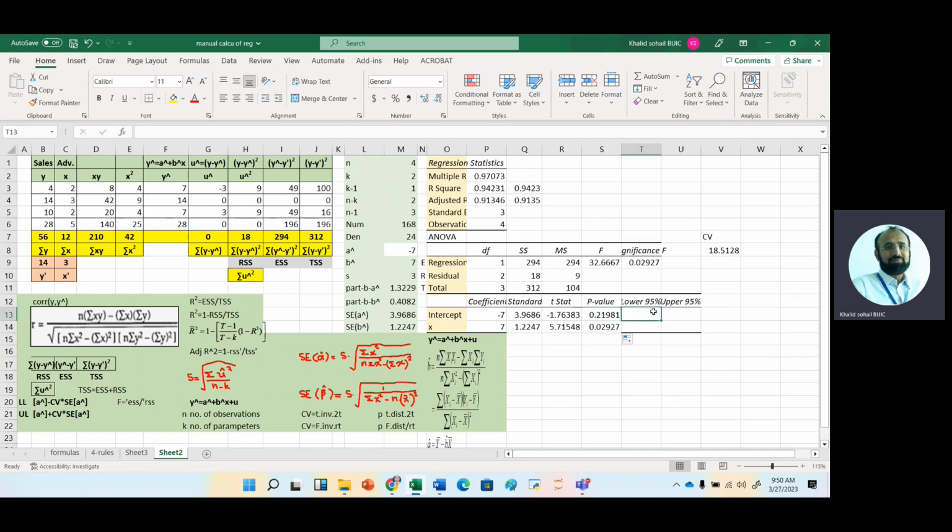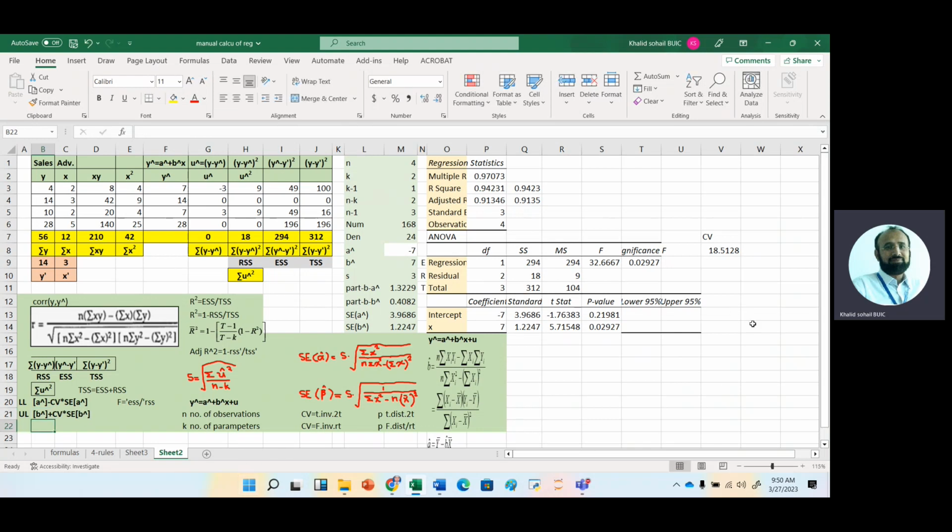And to get the lower limit as well as the upper limit, we use this formula: A intercept minus critical value times standard error. We have already this A intercept as well as its standard error. And for the second coefficient, we have B. Here we will use B and B; I'm just correcting it, so that you have the correct formula.